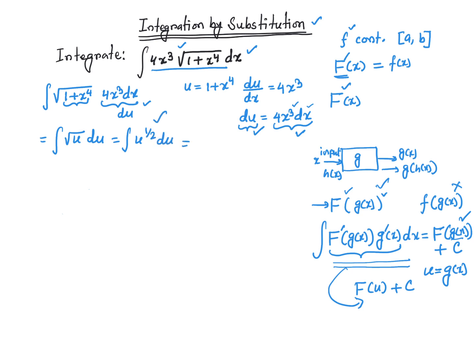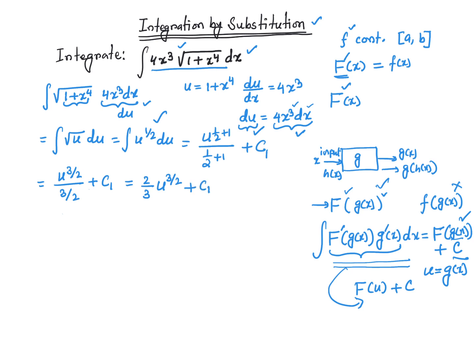Now this is something we can integrate. We know that using the power rule, it is u to the power 1/2 plus 1 divided by 1/2 plus 1, plus some arbitrary constant. I can call it c1 because I used c here already. So that's going to give me u to the power 3/2 divided by 3/2 plus c1, which is 2/3 u to the power 3/2 plus c1.